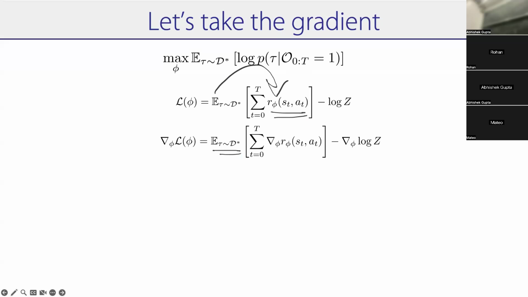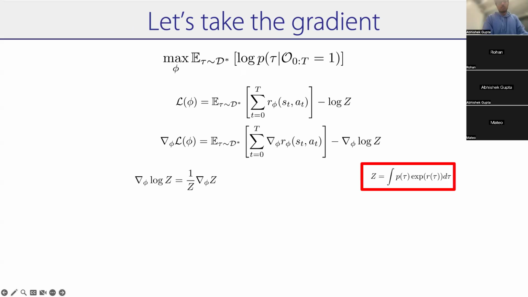It's saying: sample trajectories from the expert and take the expected sum of gradients. So it's easy to compute. You know how to compute that expectation because you have samples from the expert, and you know the reward function, you chose the reward function. And so you can get the gradient, you can get the samples. The first term is easy to compute, even with the gradient. Now the second term, you have this grad phi log Z term, right? And that's the one that's going to be a pain.